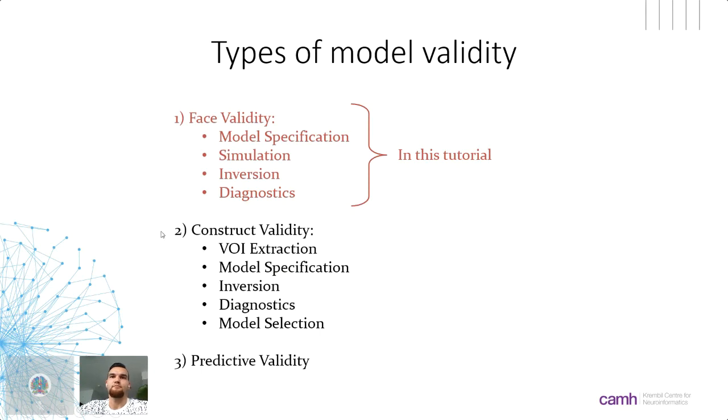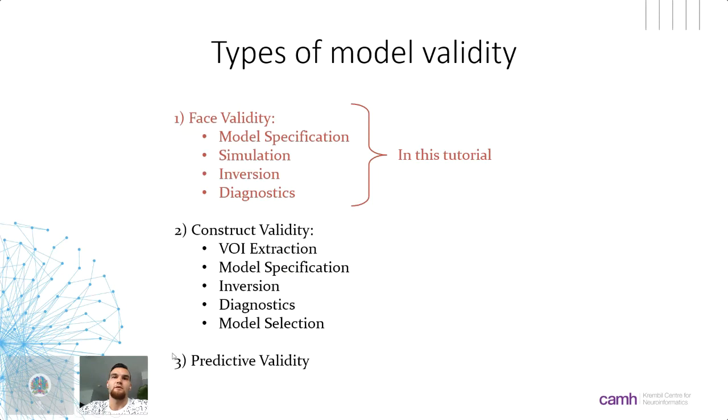But I guess in this line of research, there would be other steps for further establishing the validity of the model. So the second step would be construct validity, where you actually use the collected data and that way try to validate your model.